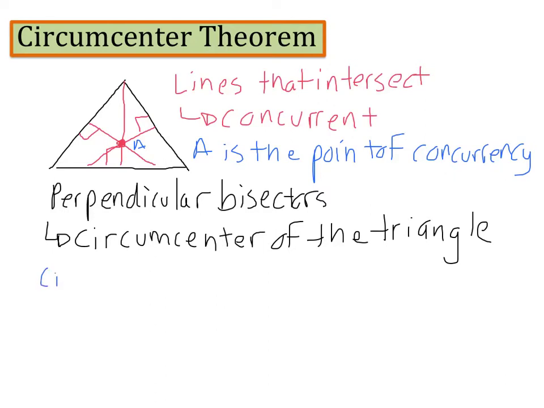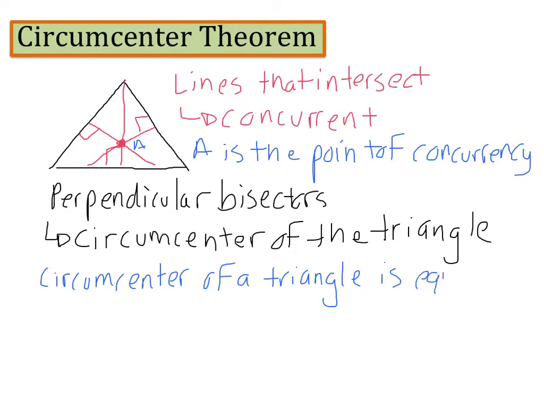So the circumcenter of a triangle is equidistant from the vertices.